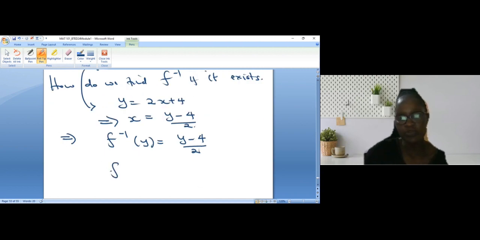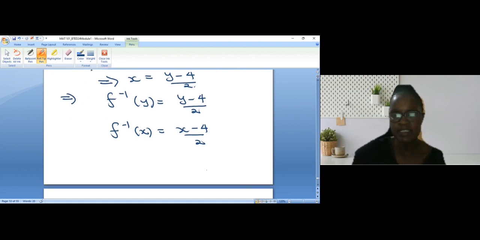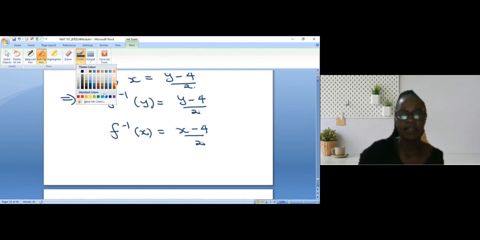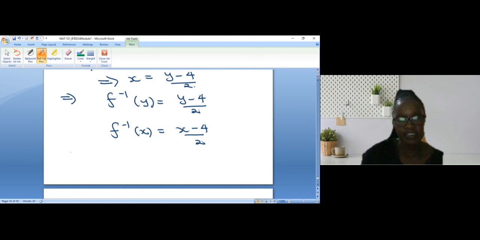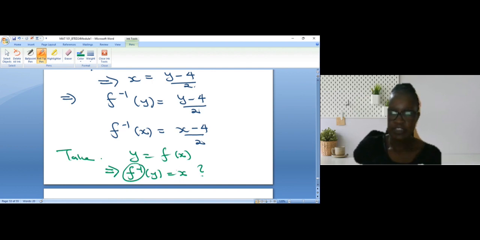If you want to revert to the original variable, you can substitute x because x is a dummy. So it simply means taking back. And in general, we take y to be f of x, apply the inverse on both sides. This would be f inverse of y equal to x, and we get an expression for f inverse.